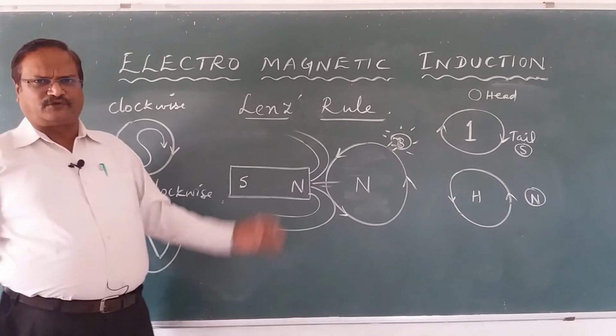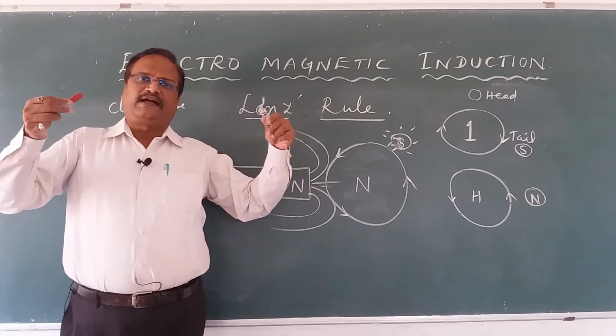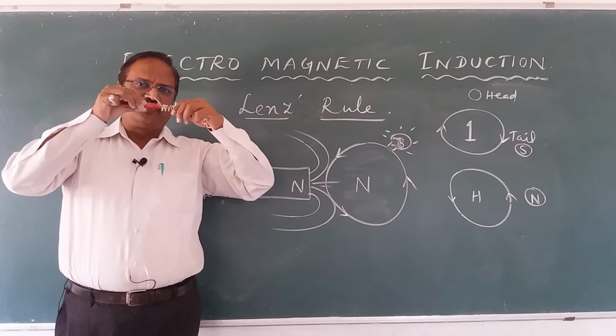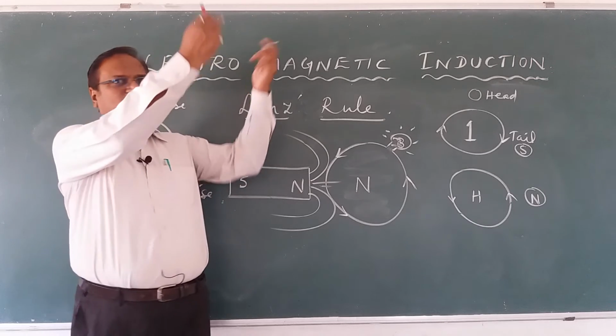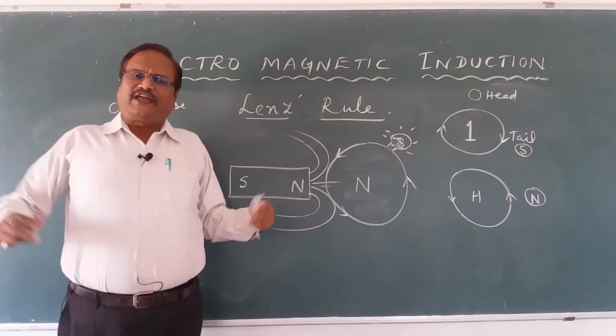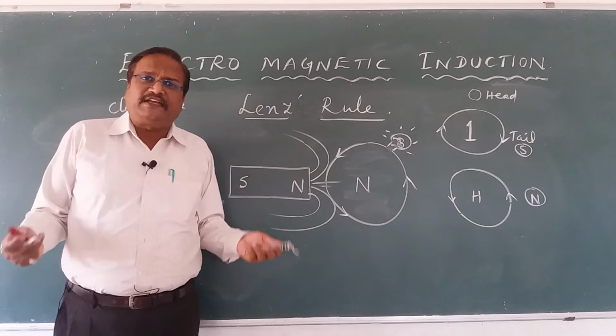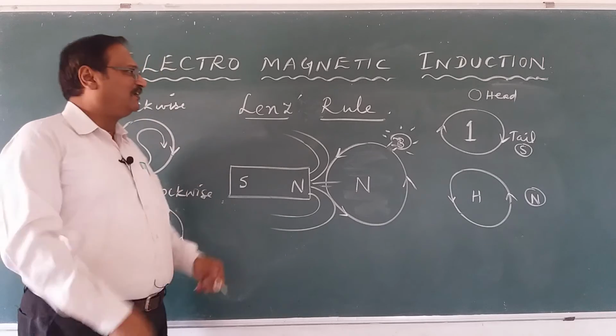Look at it very carefully. I am just taking a magnet and allowing it to pass through a wire, a coil, a solenoid, and current is produced. Boom! Current is produced. How can it be? Is it obeying the law of conservation of energy?